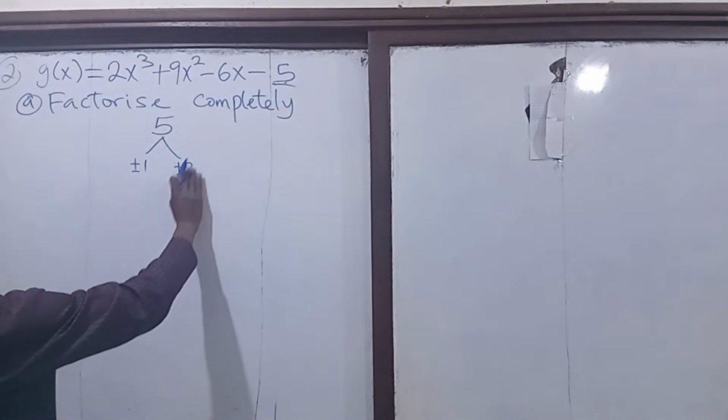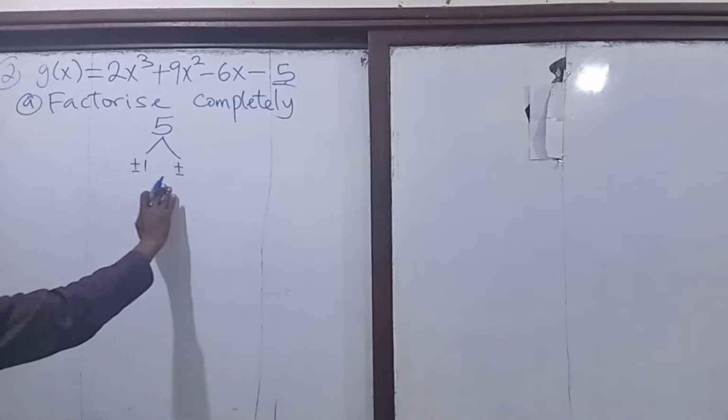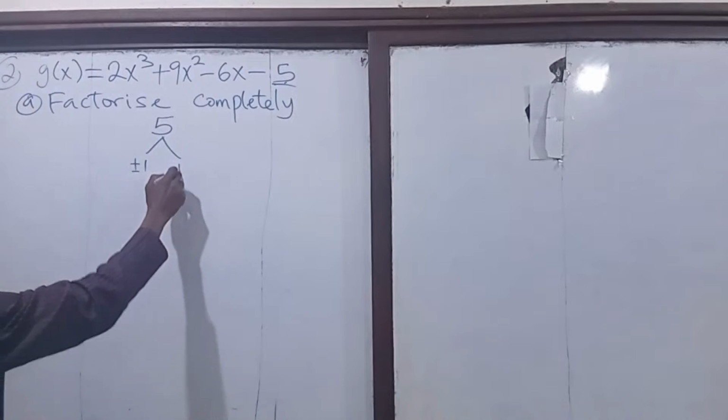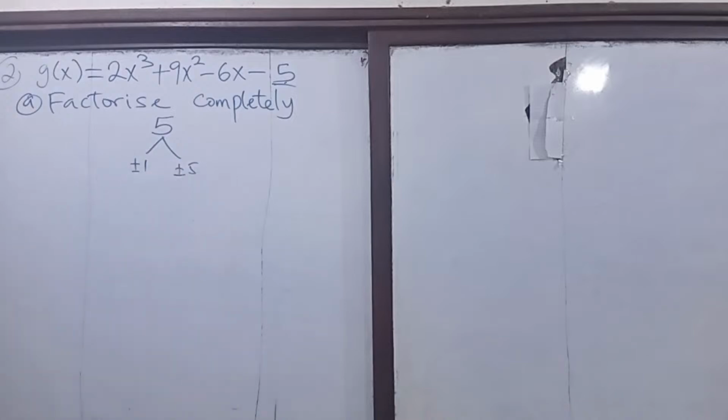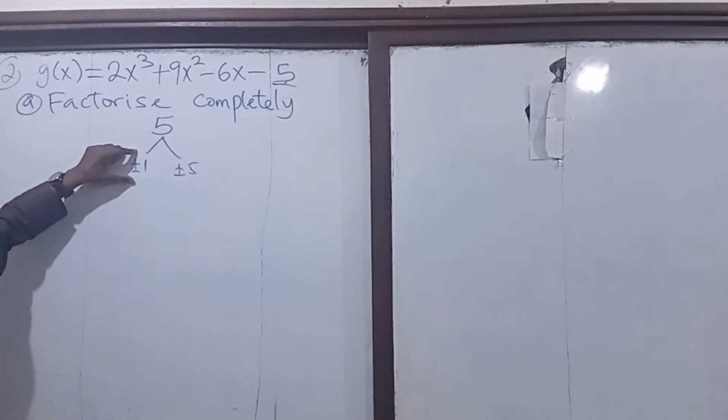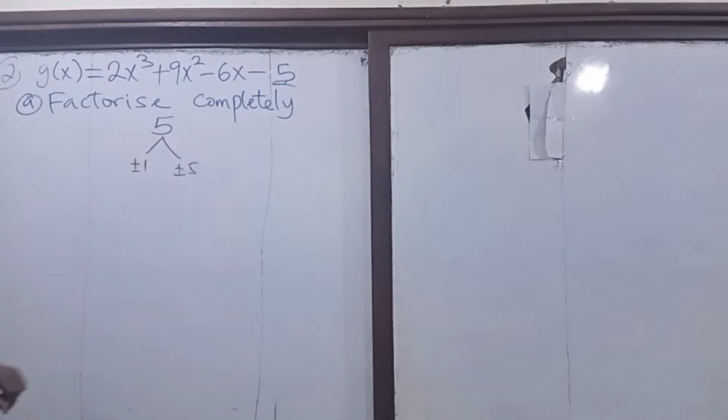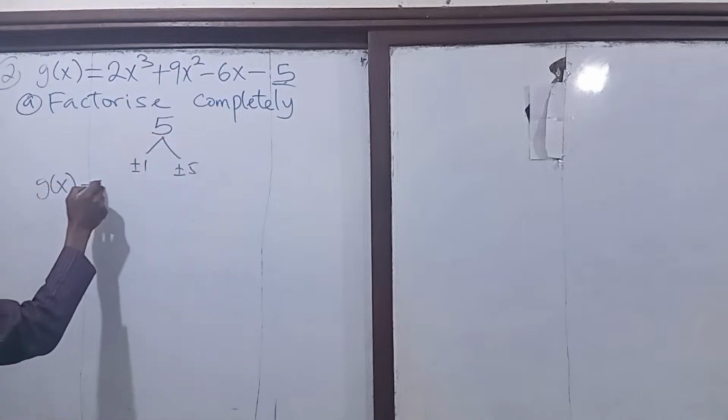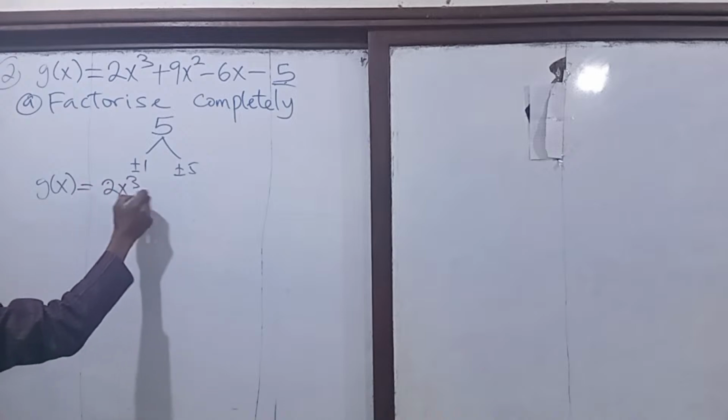Plus or minus 2 is not a factor. So these are the factors. So let's take the smallest one and use it to substitute. This is g of x equal to this.